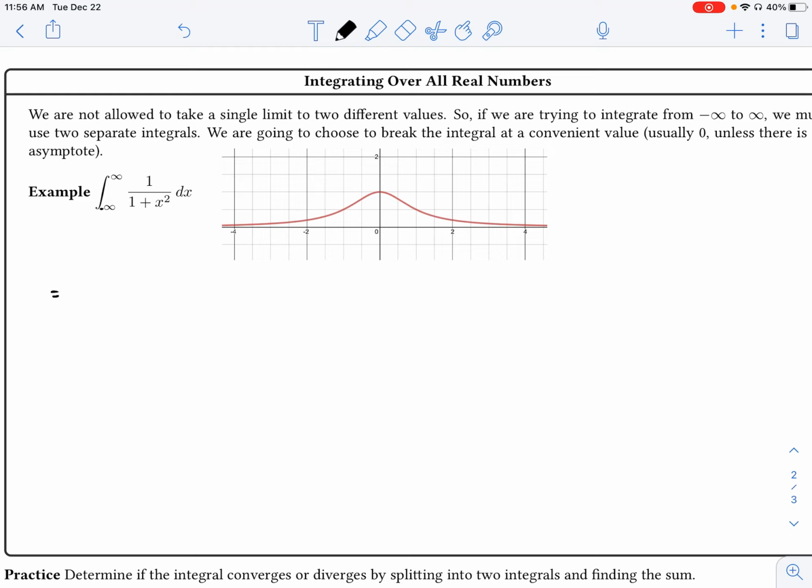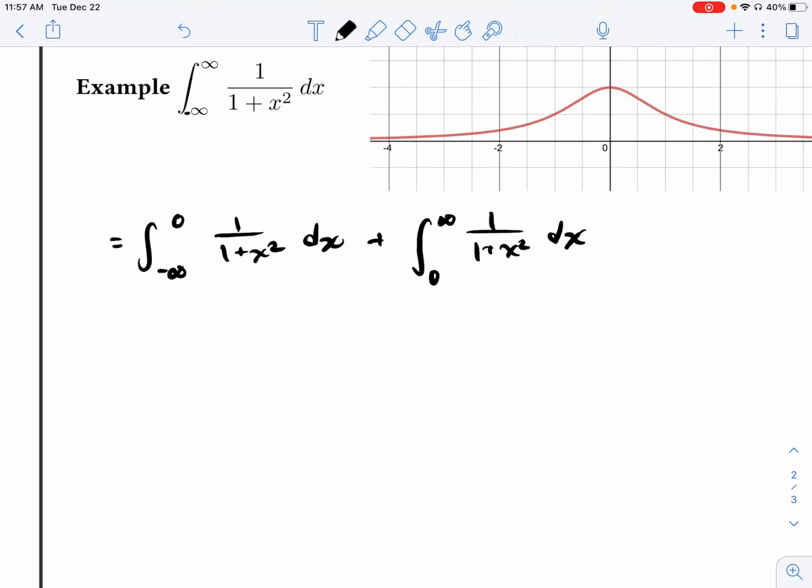We're going to say, all right, let's look at this from negative infinity to 0, so that's where the split is going to occur, of 1 over 1 plus x squared dx. And then we're going to look at this from 0 to positive infinity of 1 over 1 plus x squared. And as is the case when we are dealing with improper integrals, we're going to rewrite this as limit statements.